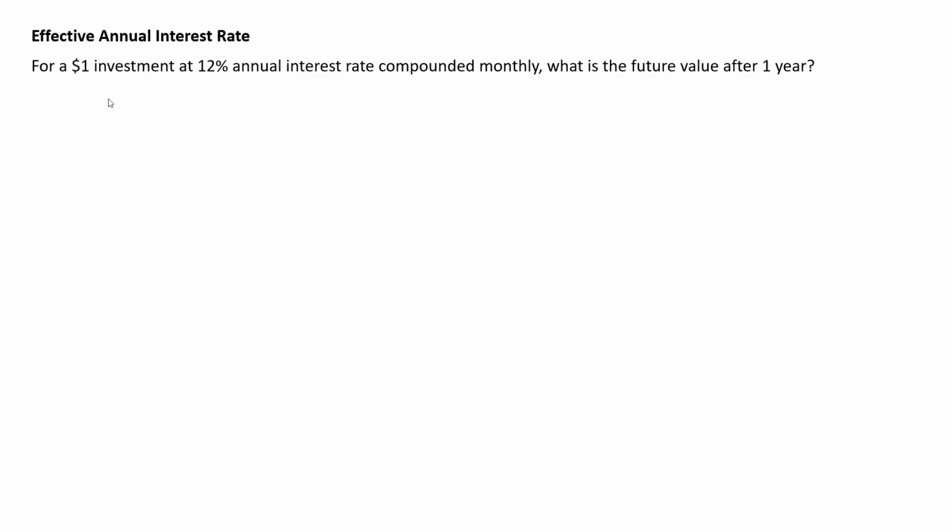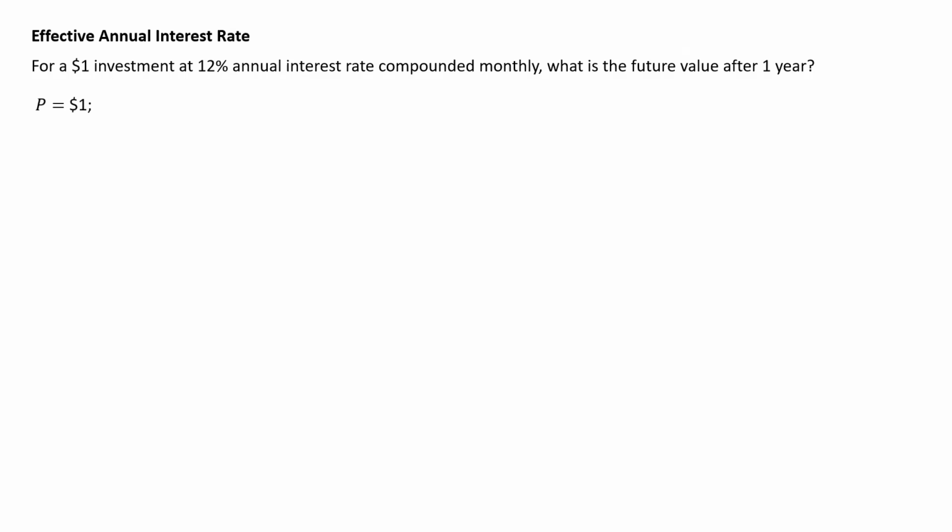Your P is just say $1, and the nominal interest rate is 12% annual interest rate, compounded monthly. If that is the case, what is the future value after exactly 1 year? Good. Let's figure this out.